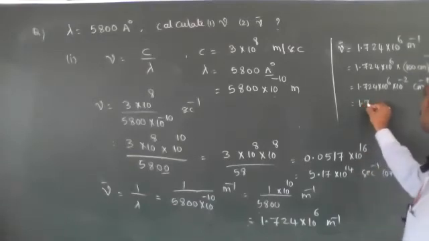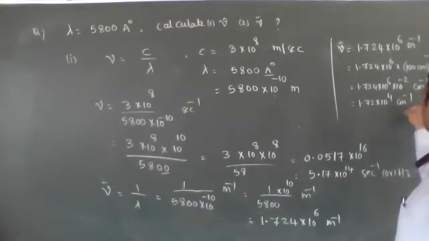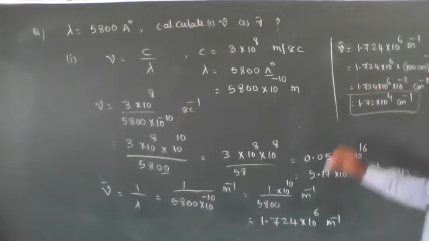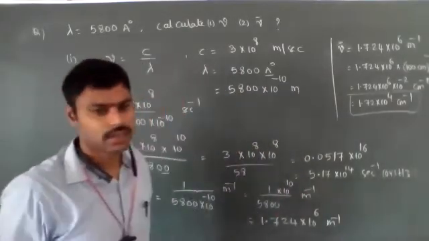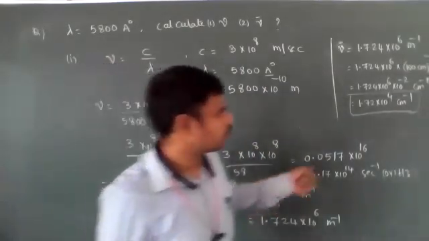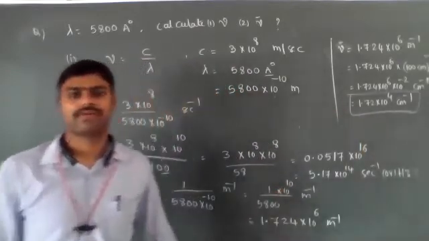Then 1.724 into 10 to the power of 4 centimeter inverse. Like that, conversions can be done either in meter inverse or centimeter inverse. To convert meter inverse into centimeter inverse, divide by 100, then 10 to the power of 6 becomes 10 to the power of 4.